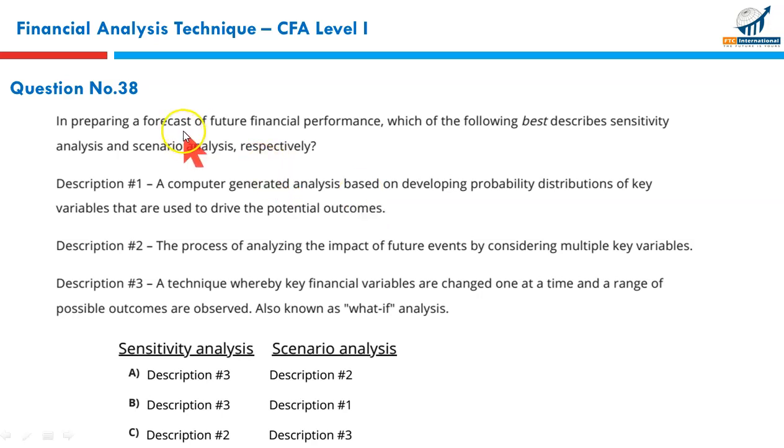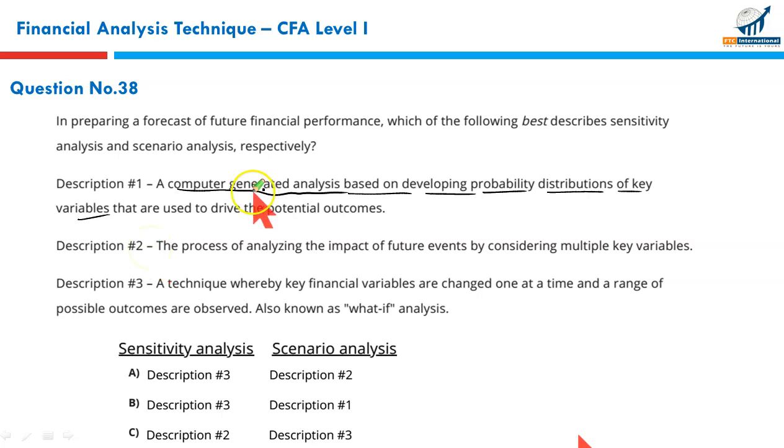In preparing a forecast of the future financial performance, we have many tools available. Which of the following best describes sensitivity analysis and scenario analysis respectively? Let us analyze these descriptions one by one. A computer-generated analysis based on developing probability distributions of key variables one at a time.